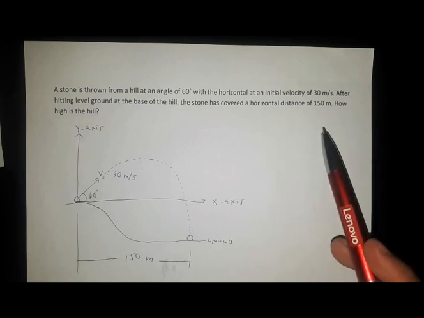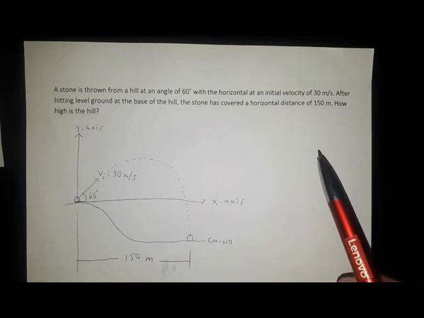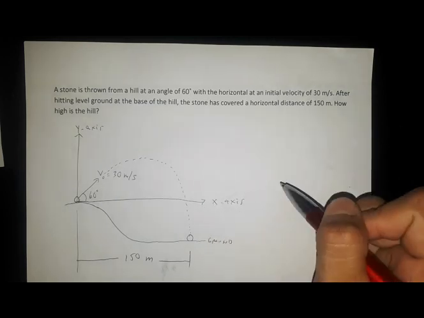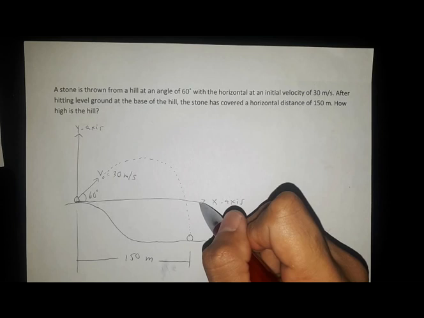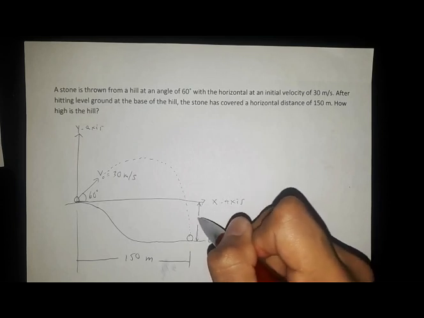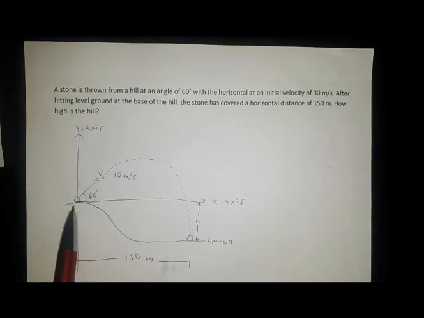Now, how high is the hill? So we are looking for the height of the hill. So the height of the hill is this one, h, with reference to the origin at y and the final position.